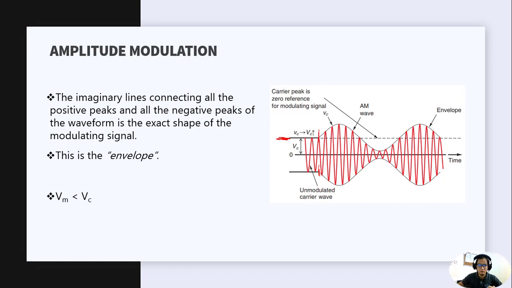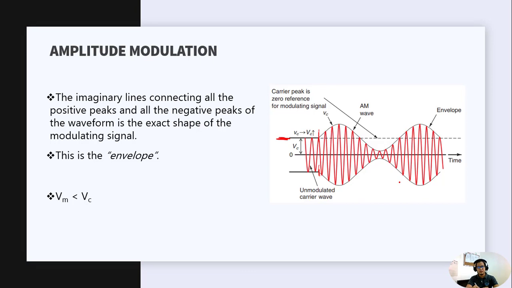Why? Because the modulating frequency modifies the amplitude parameter of our carrier. And pagka ginawa niya yon, it forms an envelope if we're gonna trace the positive peaks and if we're gonna trace the negative peaks. And it says that this envelope is the exact shape of the modulating signal.